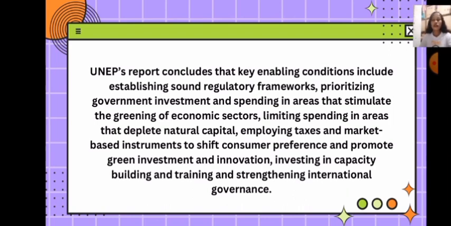So, according to UNEP, the conditions to attain those improvements are these sound regulatory frameworks, then prioritizing government investments that stimulate the greening, where attention is given to economic sectors that promote greener investments, then limiting spending on natural resources that deplete, then attaining innovation.